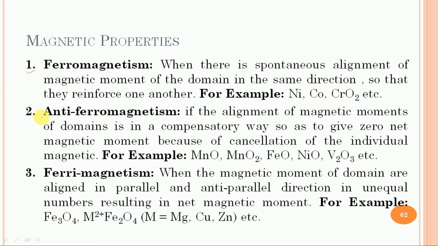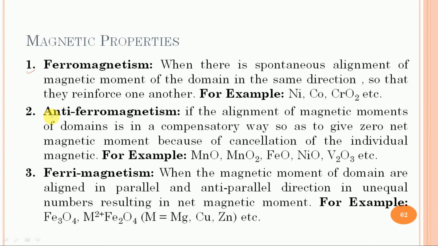The second one is antiferromagnetism. In this case, the alignment of the magnetic moments of the domains is in a compensatory way so as to give zero net magnetic moment because of cancellation of the individual magnetic moments.